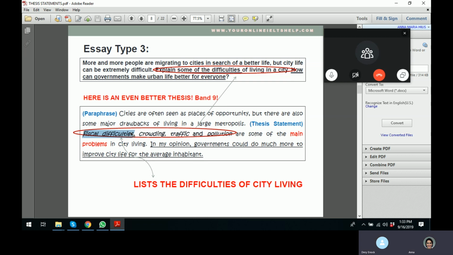Fiscal difficulties related to the economy could be like people not having work to do in the city.